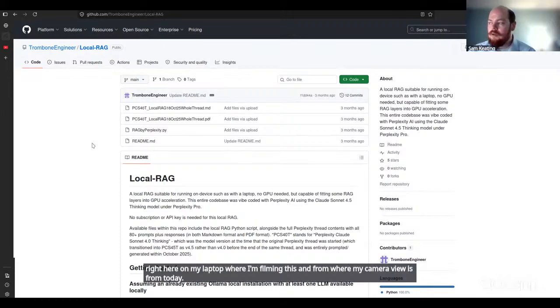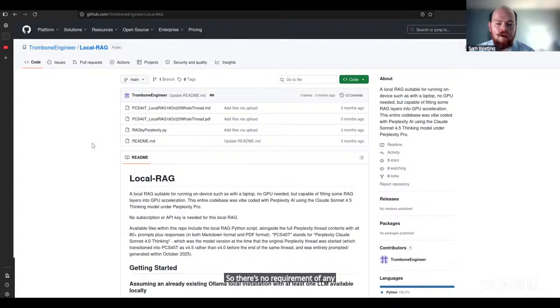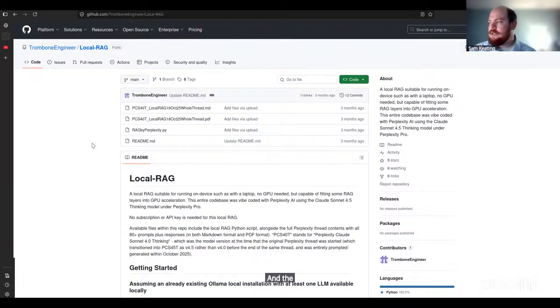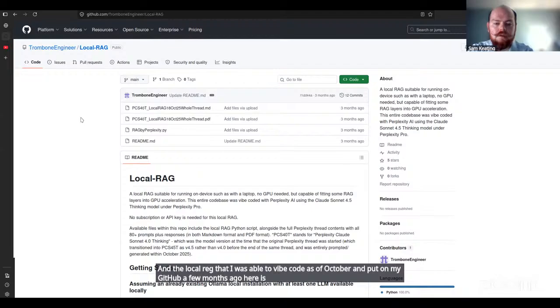So there's no requirement of any subscription or cost. It builds on top of free, local, open source LLM era tools. And the local RAG that I was able to vibe code as of October and put on my GitHub a few months ago is actually able to summarize biomedical documents, biomedical publications.